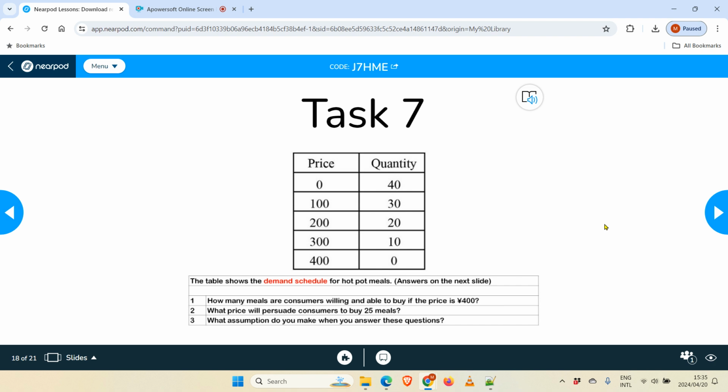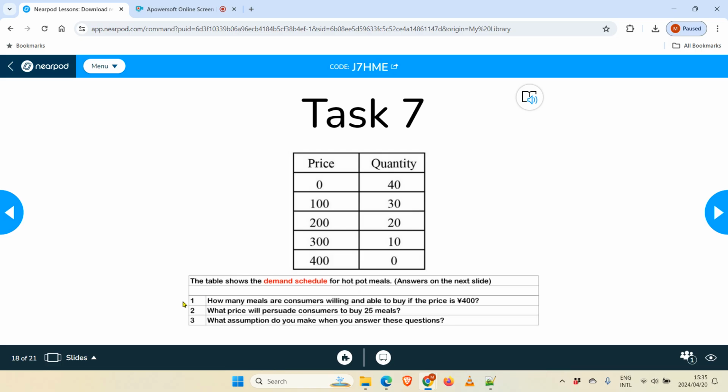Right, our task number 7 is a demand schedule. A demand schedule, a table with two columns, price and quantity, and the various quantities at respective levels of prices. In this case, the demand schedule for hot pot meals.